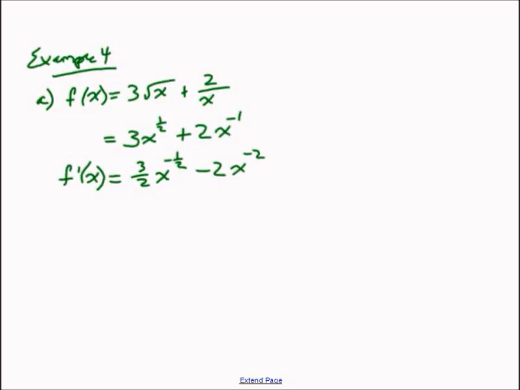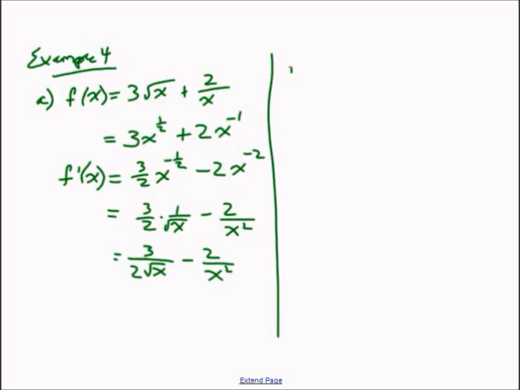Decrease my exponent by 1, so -2. Let's write this a little more logically. 3/2 times 1 over the root of x. Subtract 2 over x squared. So 3 over 2 root x, subtract 2 over x squared.